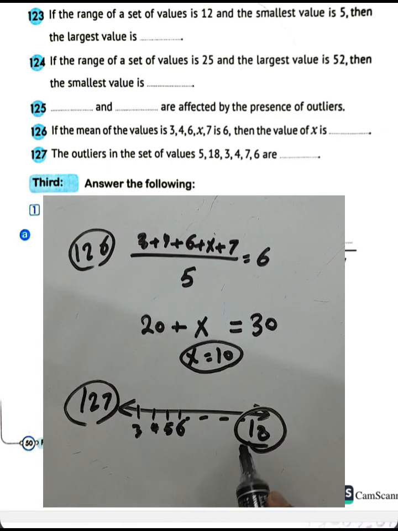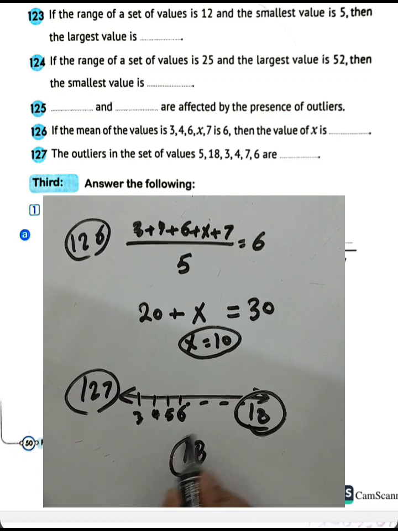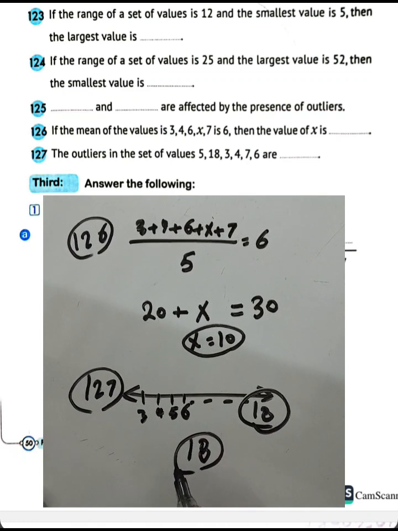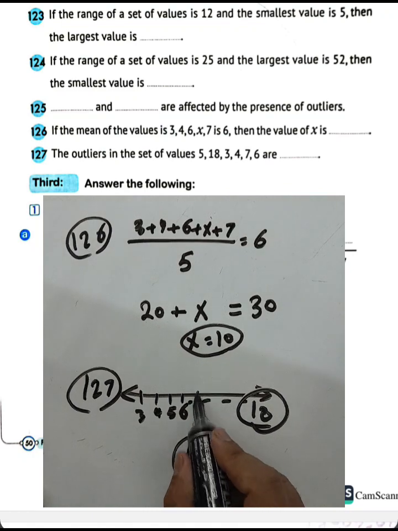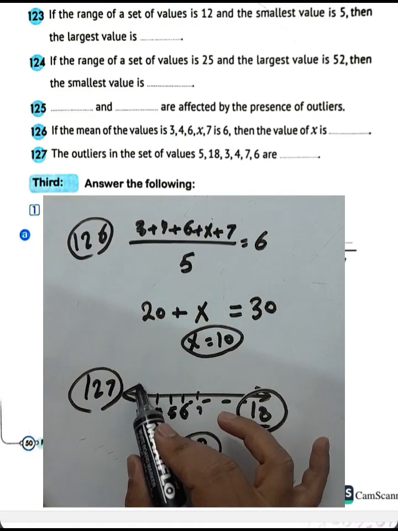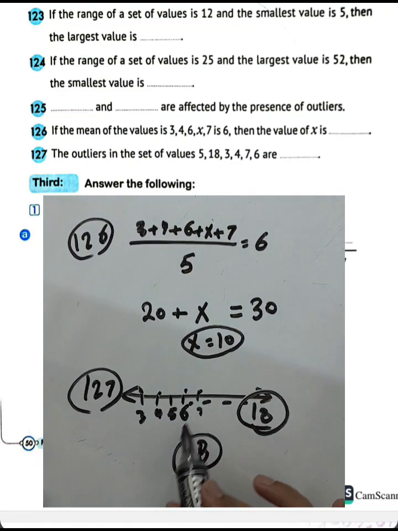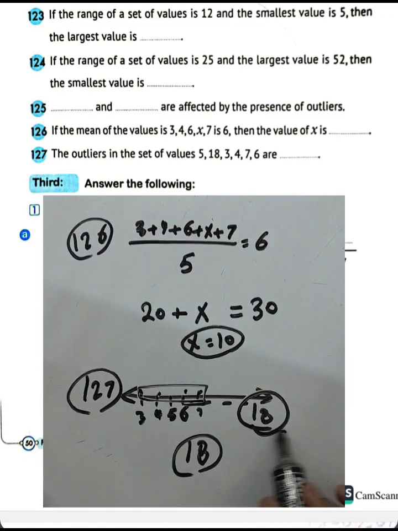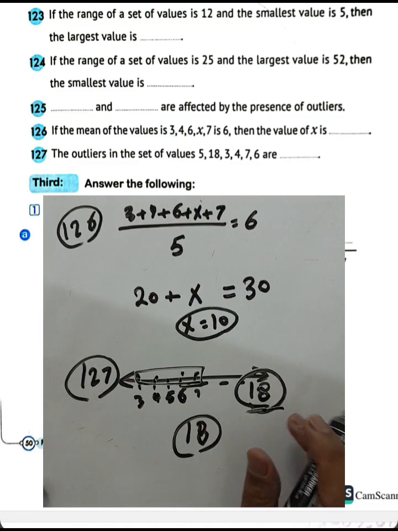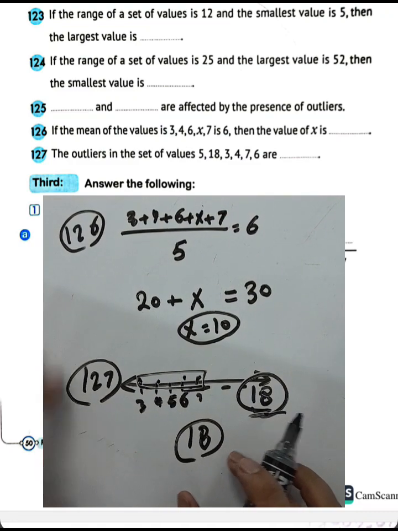Then 18 we call the outlier. The values 3, 4, 5, 6, 7 come to the left-hand side, and the outlier is to the right-hand side. The outlier here is 18.